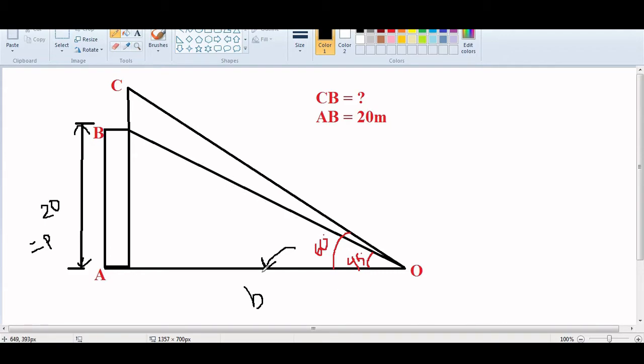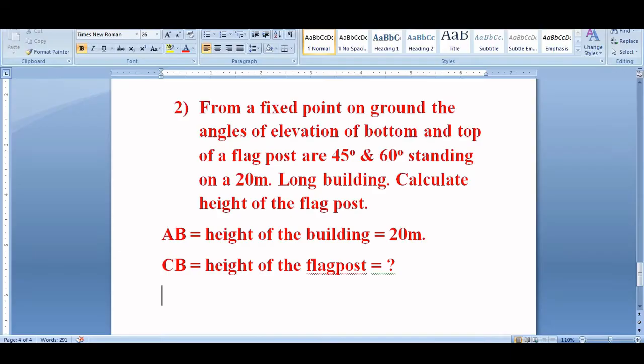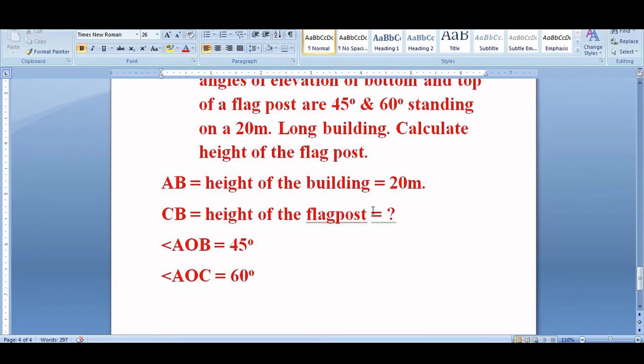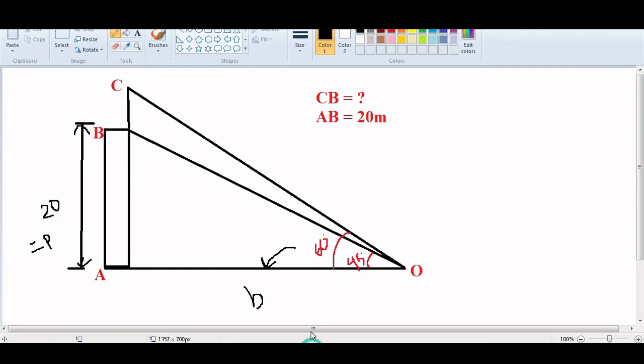Okay, so we are given two angles of elevation, that is AOB. AOB is how much? 45 degree. Now we have to find the height of the flag post. But first, we need to find the base, that is OA.